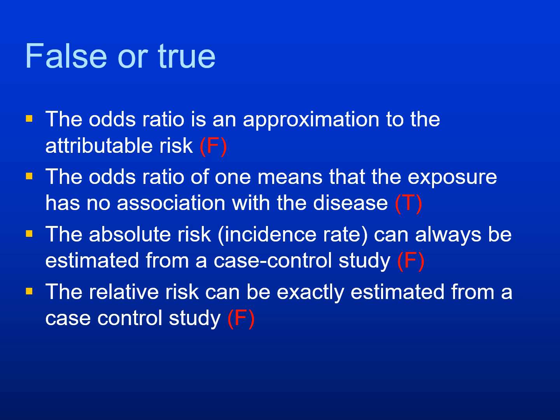No, it could be estimated from cohort studies only, prospective or retrospective. A relative risk can be exactly estimated from a case control study. No, we have an approximated risk, which is the odds ratio, in case control studies. Or you can say the relative risk can be exactly estimated from cohort studies.